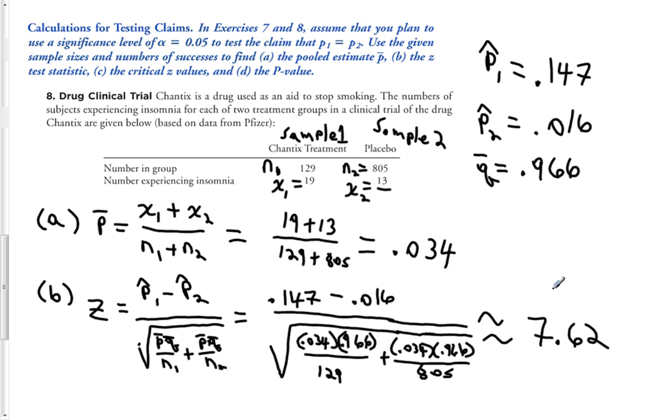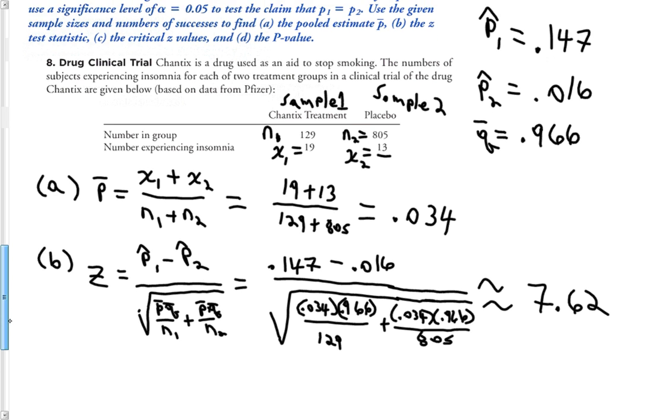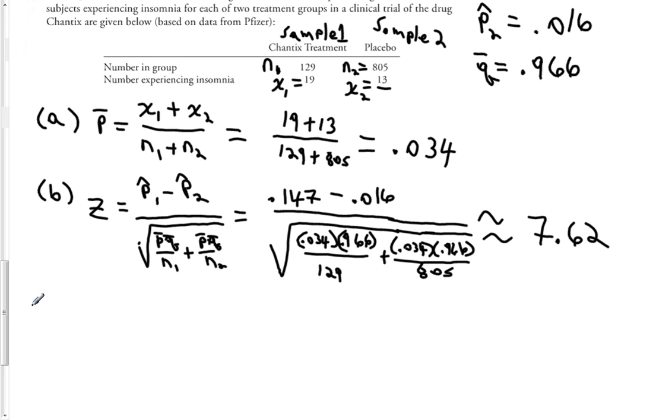Now we have our pooled estimate, our z-test statistic, critical values, and p-value. To find the critical and p-values, we can use the TI-83 or 84 calculator. So let's bring over the TI.